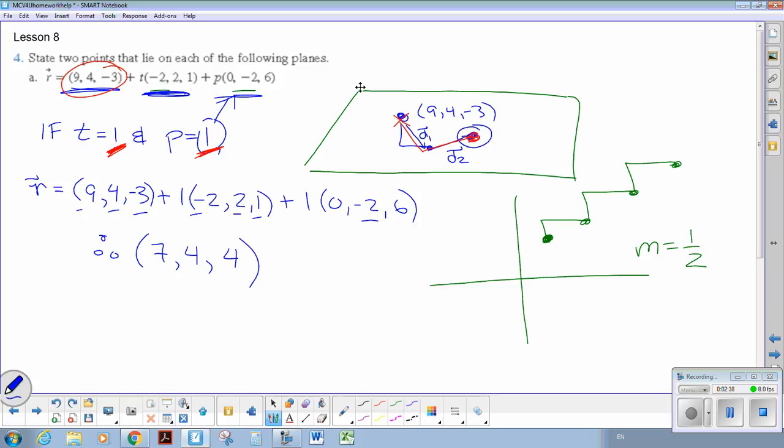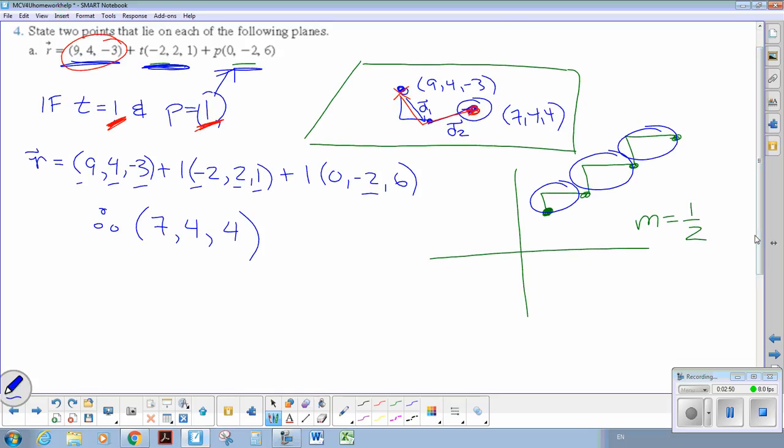So my new location or another point on the line would be 7, 4, 4. So the scalars are just telling you how many steps to take moving from your starting point or your reference point. So to find another point, if t equaled 2 and p equaled 0, for example, as long as they're not both 0, 0, you're going to find new points.